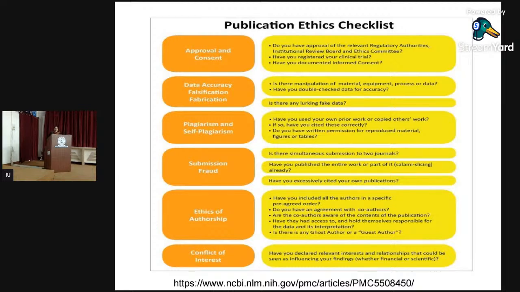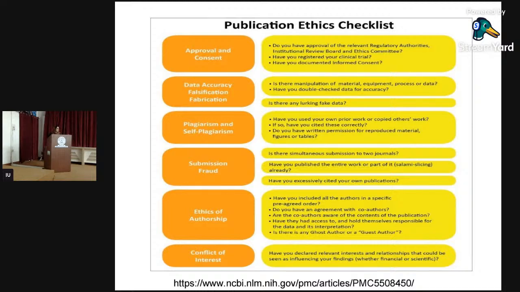So have you included all the authors in a specific pre-agreed order? For the guidelines, first you have to be very clear about who can be an author on the study. Tell me quickly. We are live, so you need to answer faster, right?